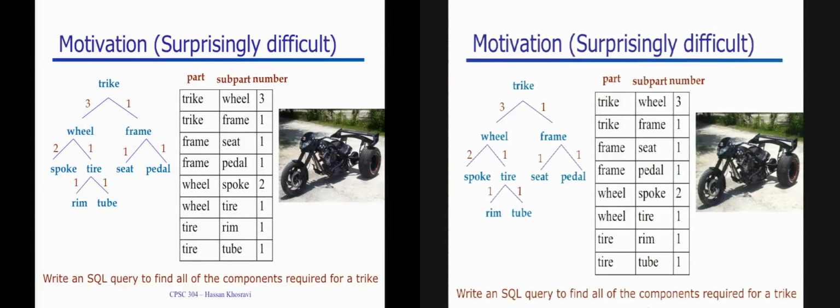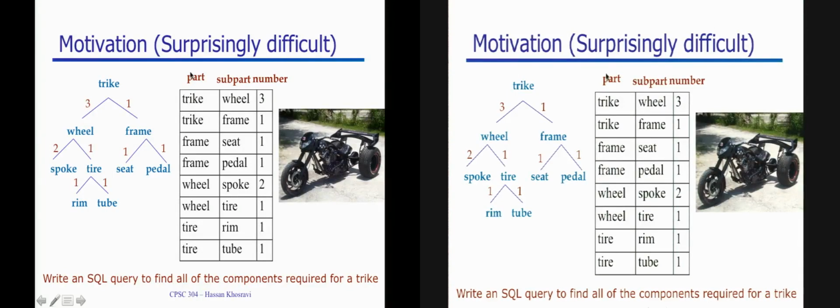And let's start with a motivating example. Let's say I have a table, and this table keeps information about parts, subparts, and the number of those subparts that you need to build something.